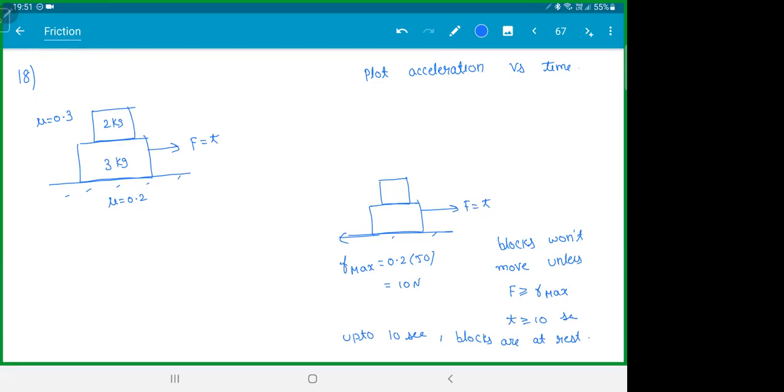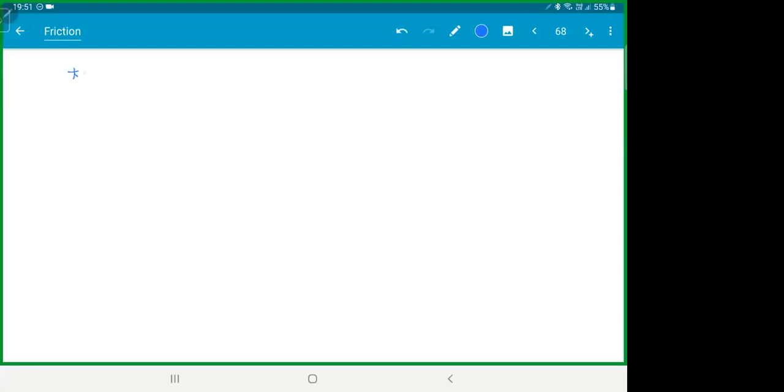Okay, then what do we do? For t greater than 10 seconds, start with an assumption. Story is still the same. You just added one more point to the story. Assume blocks go together.